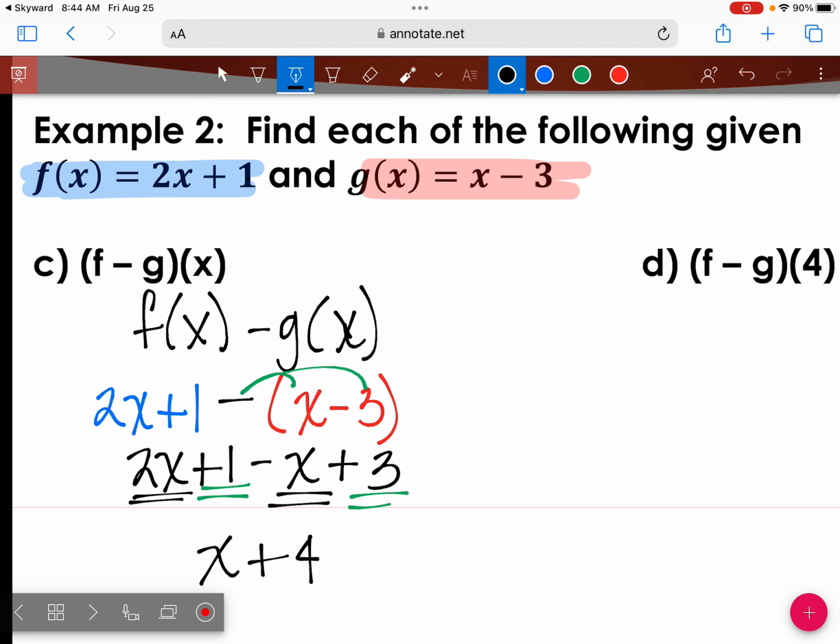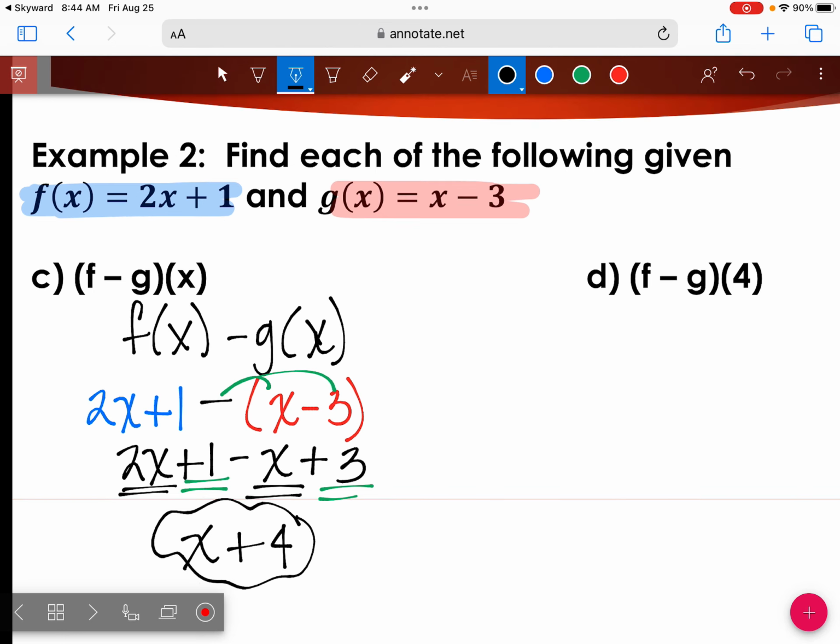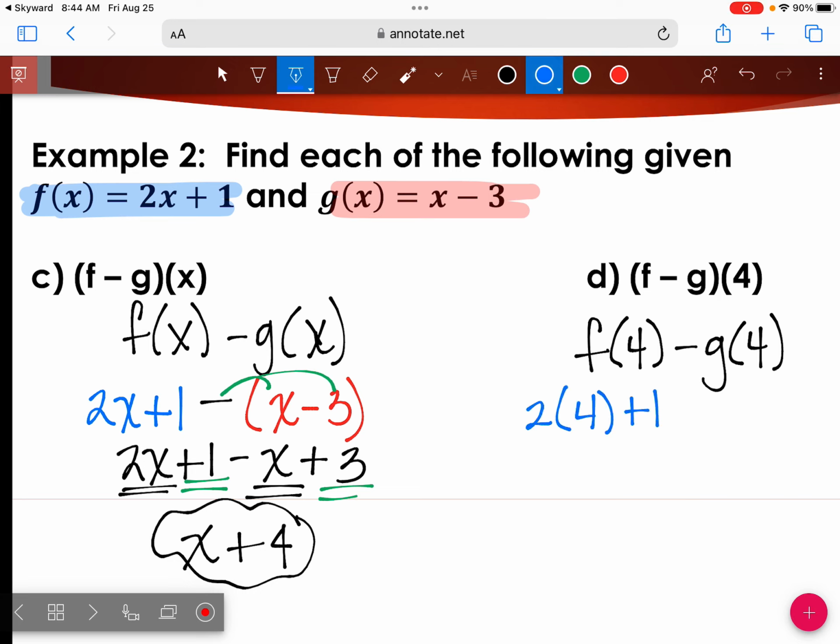We got that? Okay. All right, so now for part D, we could do that 2 different ways. Again, I'm going to show both. But essentially, you're taking f of 4 minus g of 4. So f of 4 would be 2 times 4 plus 1.